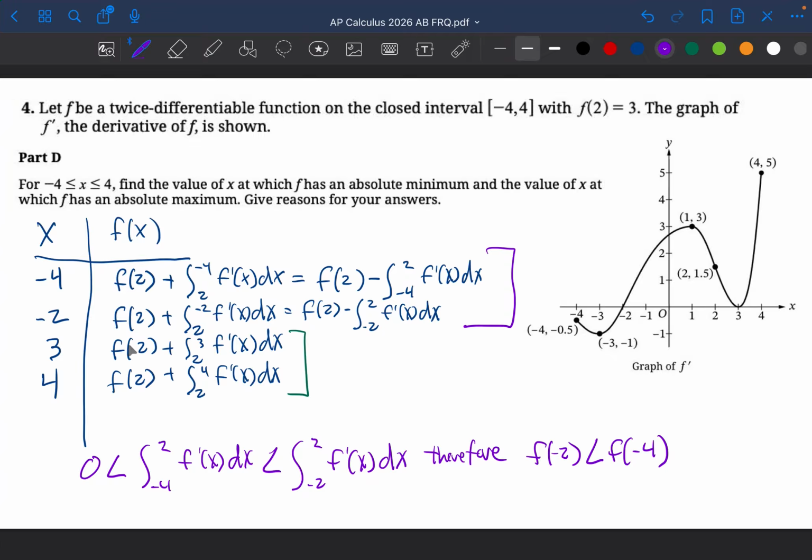Now let's say the same thing for f of 3 and f of 4. If I go from 2 to 3, that's a positive integral. But if I go from 2 to 4, that's an even greater positive integral.